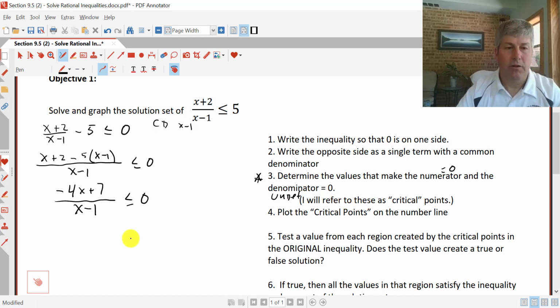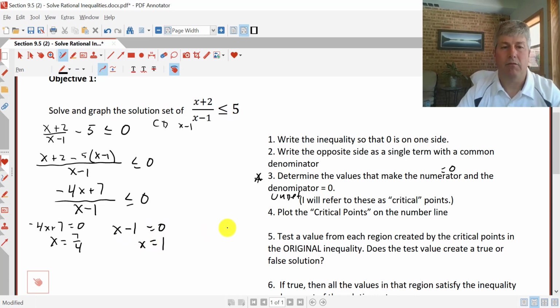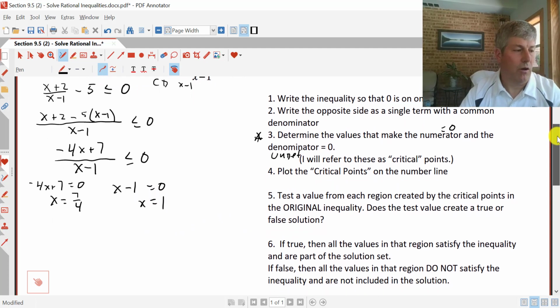So, -4x + 7 = 0 would make our fraction 0. We get x equals -7 over -4, or 7/4. That's one of our critical points. And in the denominator, x - 1 = 0, so x = 1. That's the value that makes the fraction undefined. That's our other critical point.